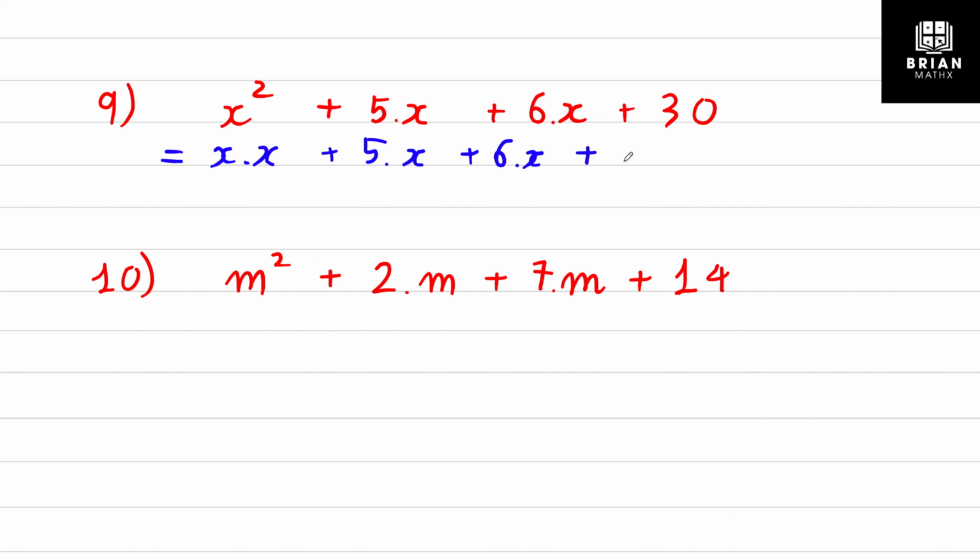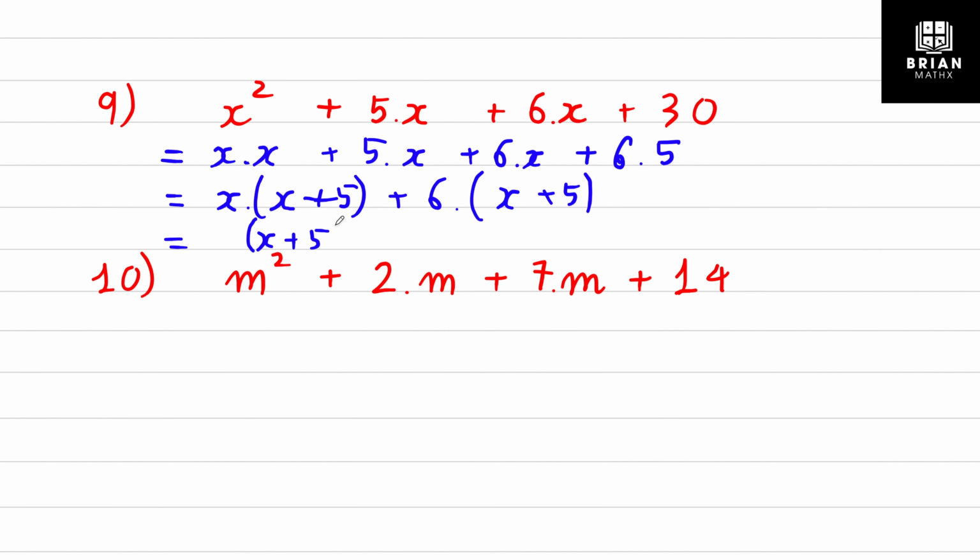Okay, factorizing 30, you've got 6 multiply 5. Yeah, we're done. X is the common factor, x plus 5, easy. 6 times x plus 5, is it true? X plus 5 is common. Okay, so x plus 6 is the other bracket.